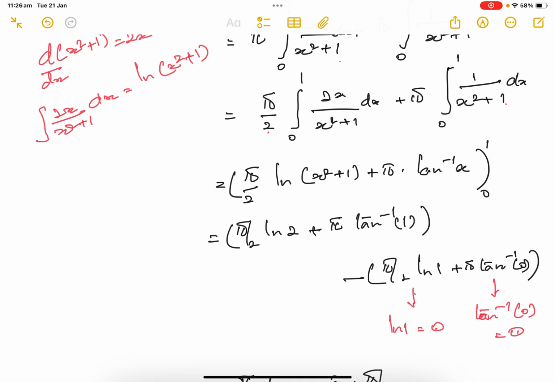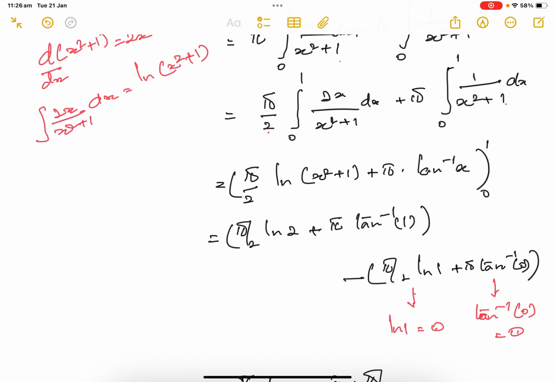Now we can apply the limits, 1 and 0. Upper limit first: substitute x equals 1, π by 2 log 2, since x squared is 1 and 1 plus 1 is 2, plus π tan inverse 1, minus the substitution of 0 for x.